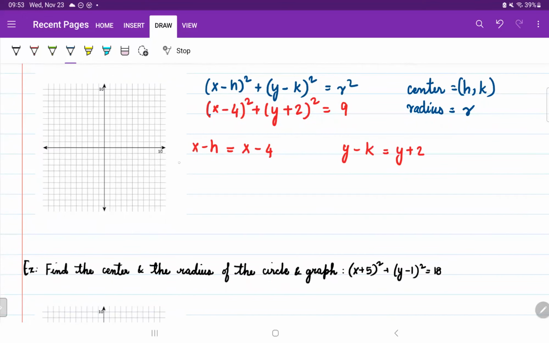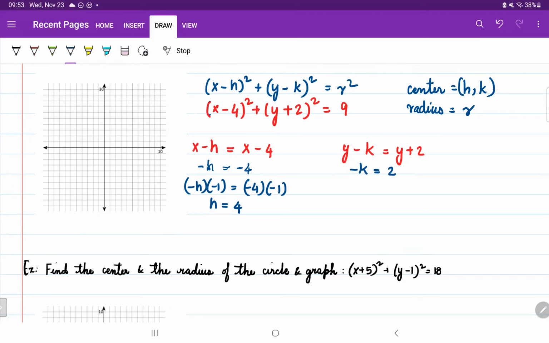We can subtract x from both sides, which will give us minus h equals minus 4. So you multiply by minus 1 on both sides, and you get h equals 4. Same thing here, you have y minus k equals y plus 2. You subtract y from both sides, which gives you minus k equals 2.